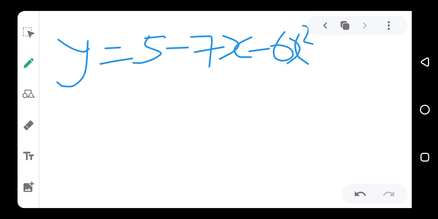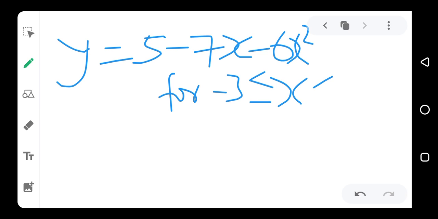Now, the range is minus 3 is less than or equal to x, and x is less than or equal to 2. First of all, let's interpret our inequality.